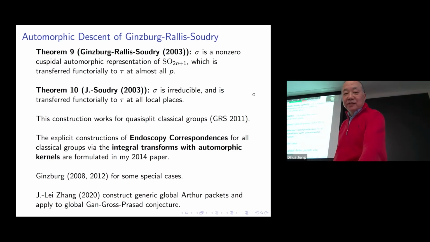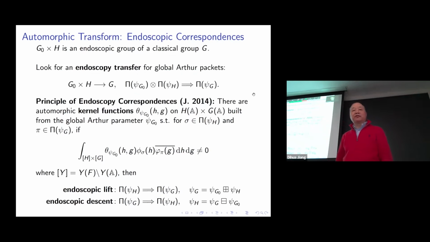It's nice. But let me briefly tell you the flavor of endoscopic transfer by integral transform. If you have the endoscopic group, G0 and H, where H is endoscopic to G, you expect a transfer from the L-packet to the L-packet, right? For classical groups, this is also proved, including the existence.